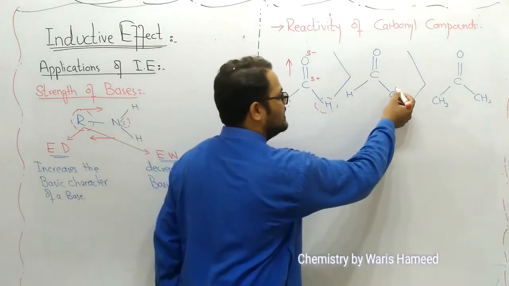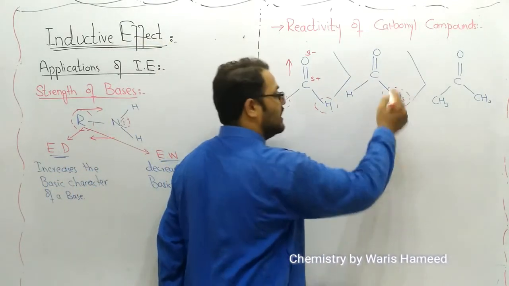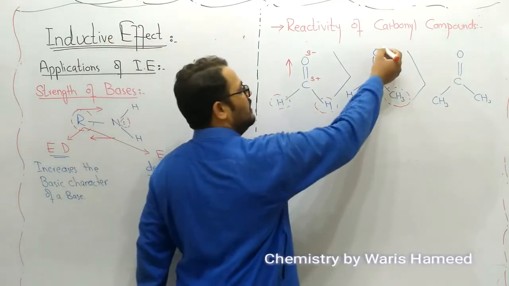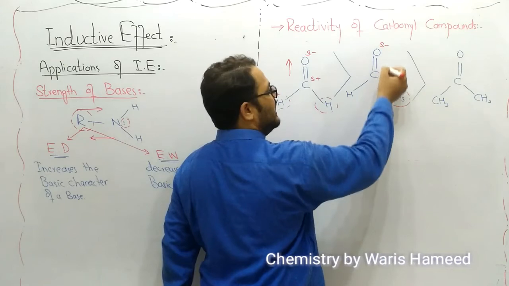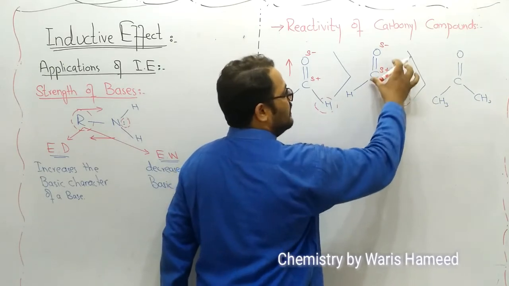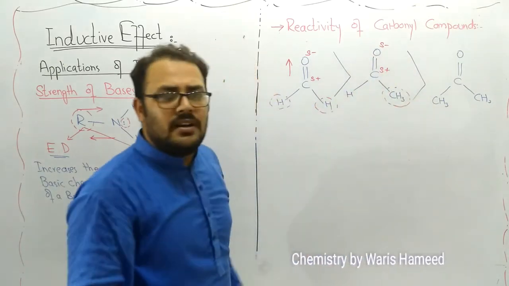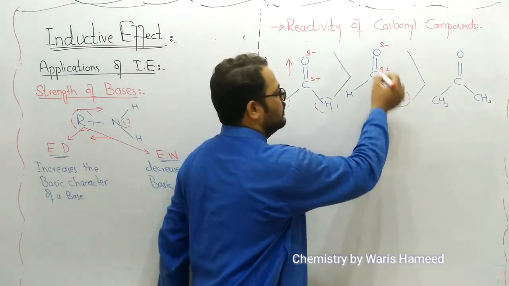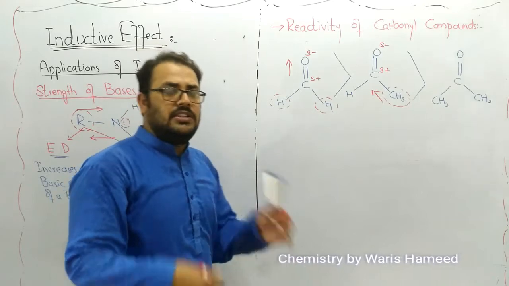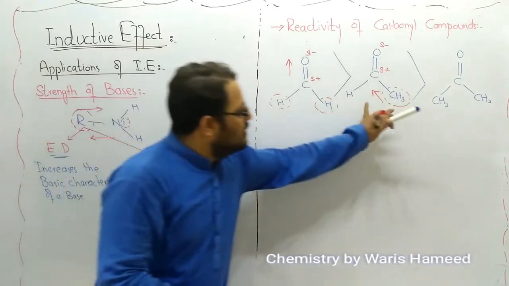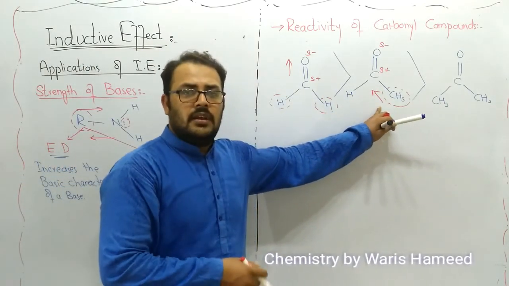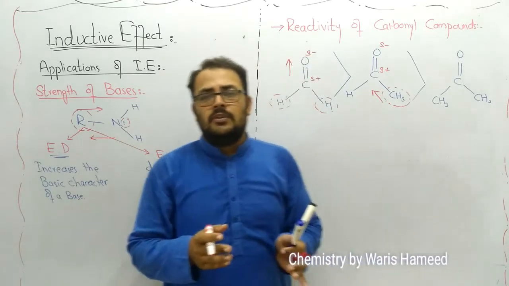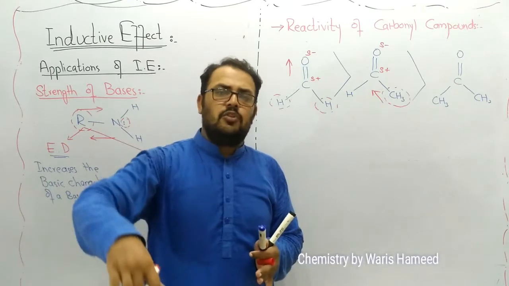In this case, CH3 is a stronger electron donating group as compared to hydrogen. So when it creates partial negative and partial positive charge, this partial positive charge will be compensated by this methyl group, decreasing the reactivity of acetaldehyde. And another factor, we can say that methyl is a bulky group, so it can block the coming nucleophile.